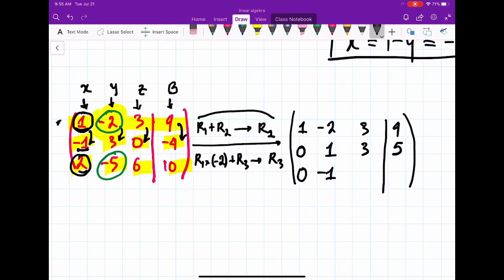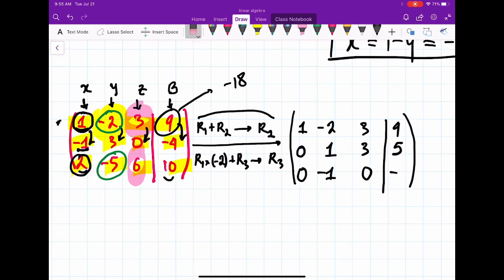And then 3 with -2 is -6. 6 plus -6 is 0. Wow, looks nice. And then 9 with -2 is -18. 18 plus 10 is -8.